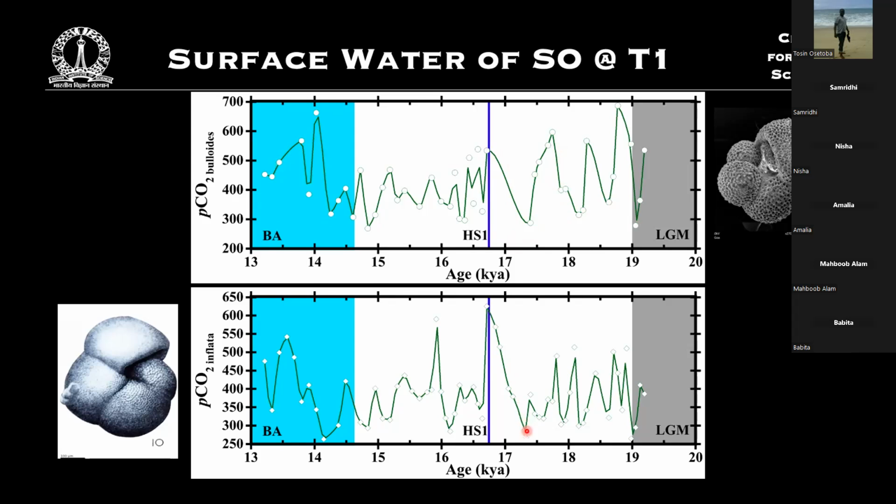Whereas in inflata space, what we observe is a rapid rise in pCO2 concentration of the surface ocean, the weak mixed layer, during Heinrich stadial 1. And during Bølling-Allerød, there is a gradual increase in the pCO2, which will be in line with what we observe in CO2 space in the Antarctic ice core records.